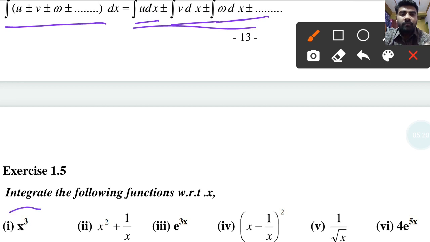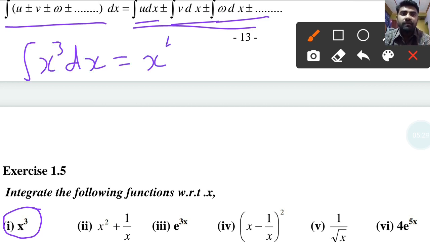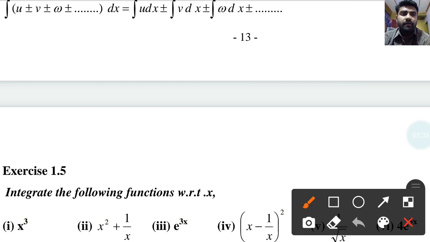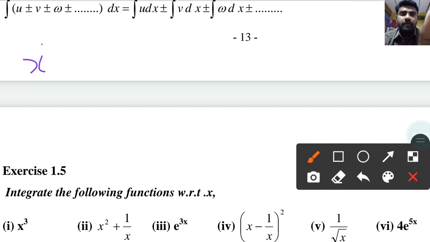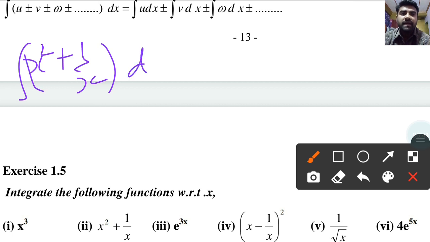Now some equations are there. First, x raised to cube. So integration of x cube dx. So power plus 1 upon power plus 1. So that is that answer. Now second, that is x square plus 1 by x. So integration of that into dx.